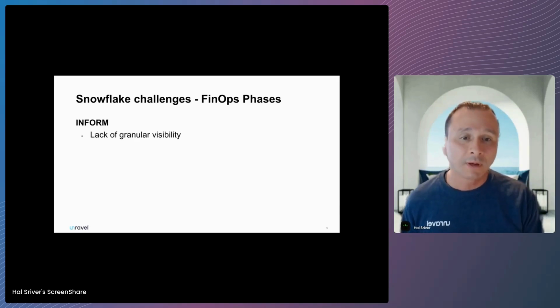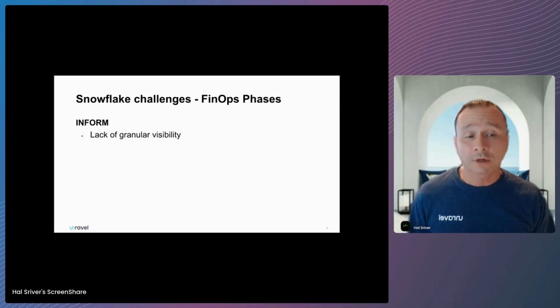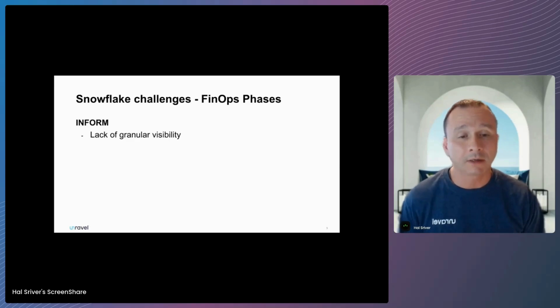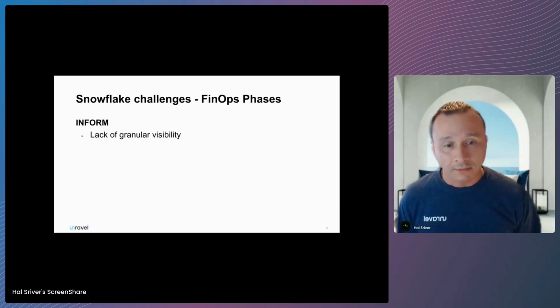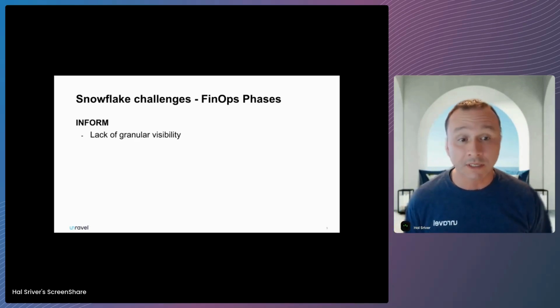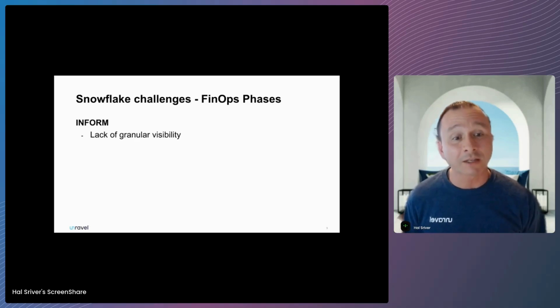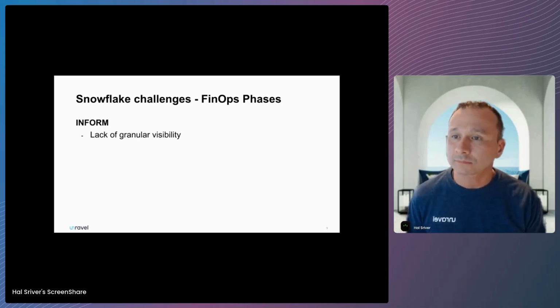So for example, warehouses or other serverless features, like if you're using Snowpipe, can obscure who or what is driving that spend. So being able to track costs and allocating costs accurately becomes challenging. Even if you're trying to use tagging, like a lot of folks do, a lot of the tagging that organizations try to use today become unreliable or incomplete, sometimes. So this becomes challenging when trying to adopt this inform stage.